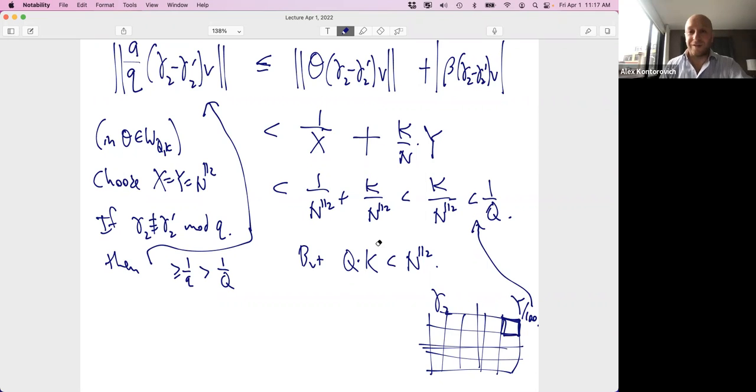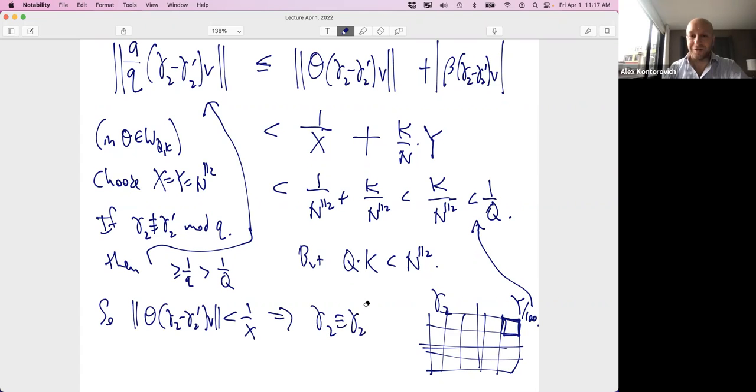So what we've shown is that theta times gamma 2 minus gamma 2 v being less than 1 over x can only happen if gamma 2 is congruent to gamma 2 prime mod q. If this thing's less than 1 over x, it's too small for these two numbers not to be the same mod q.